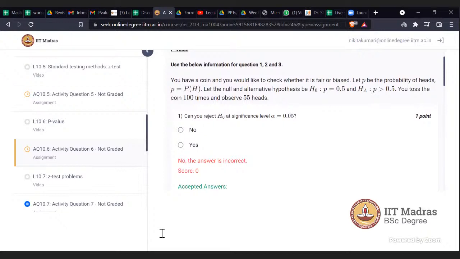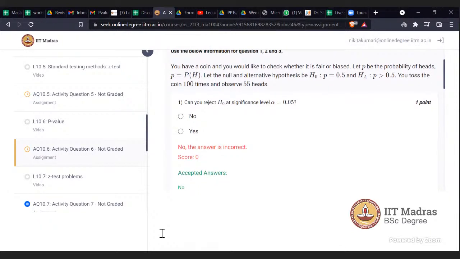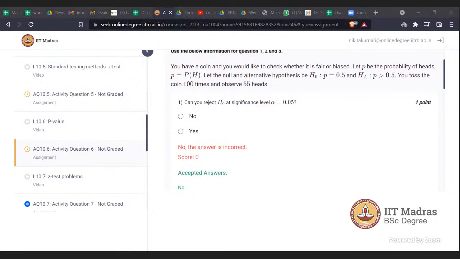So alpha is 0.05, and that is the probability of rejecting H naught. So p-hat greater than, say, given p equals 0.5.